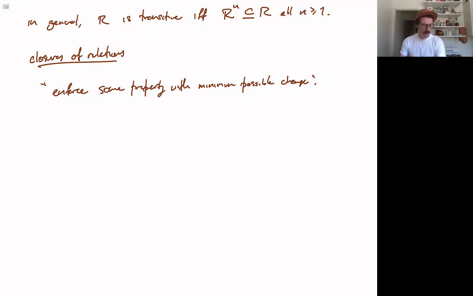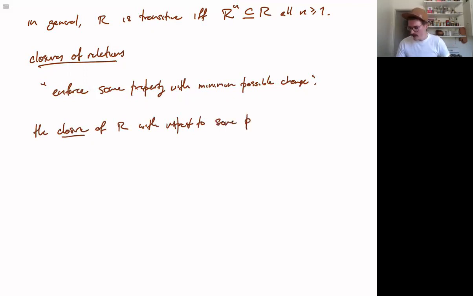So to be precise, what does this mean? The closure of R with respect to some property P. So we'll see a lot of examples, but for now, let's just say an arbitrary property.